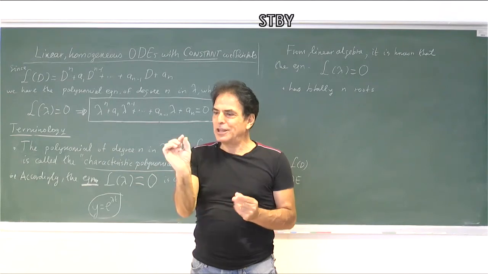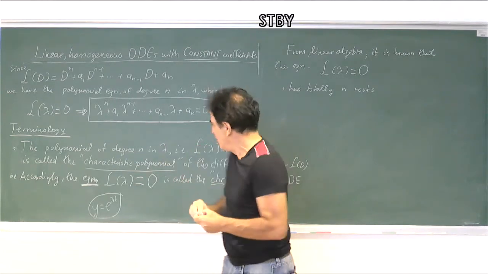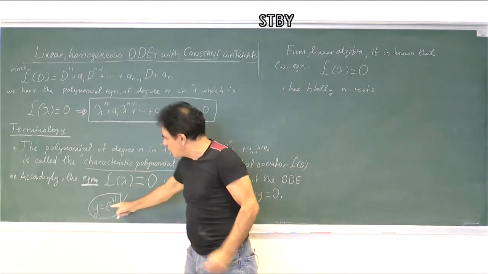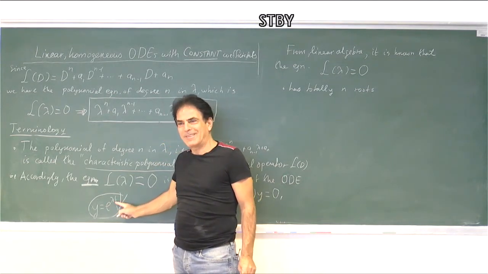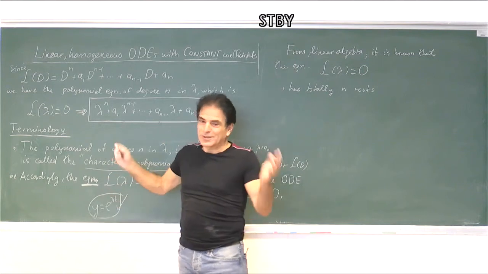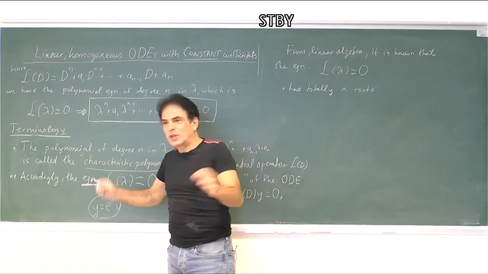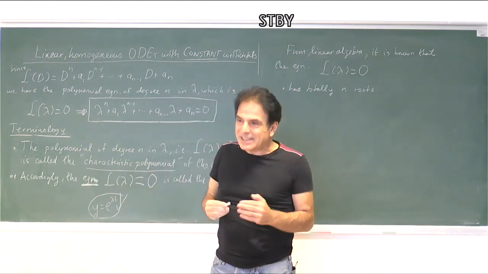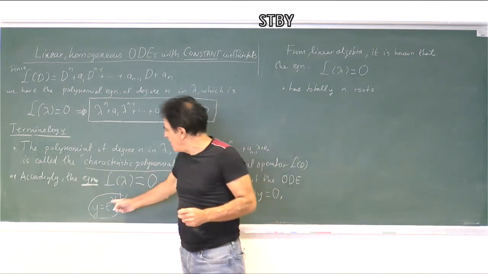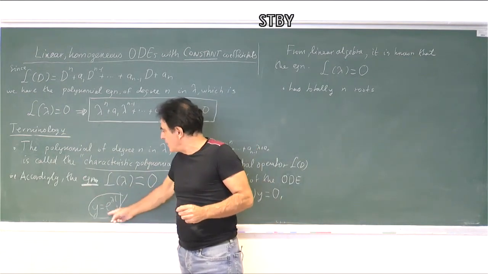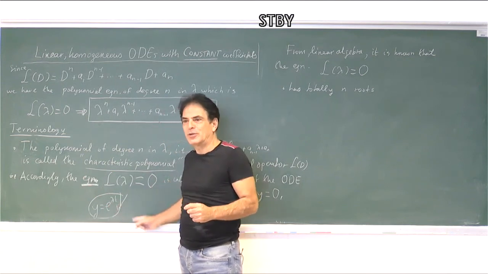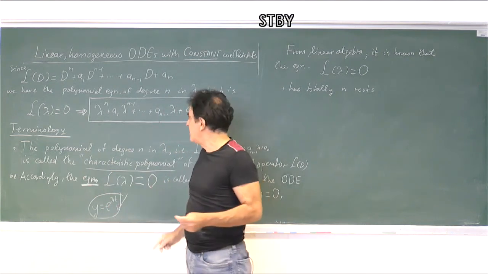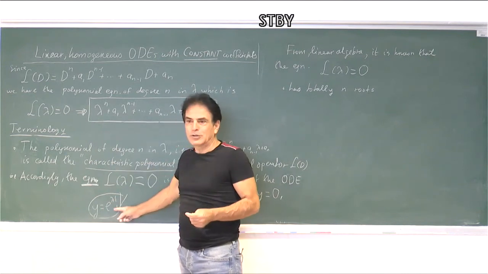So corresponding to each root, we produce a solution of exponential type, of course provided that the roots are distinct. So we generate n exponential functions corresponding to n distinct real roots.